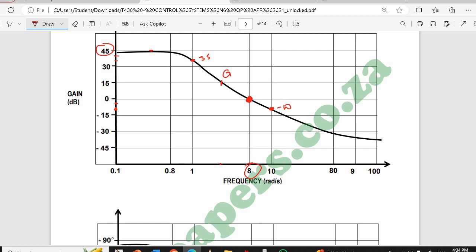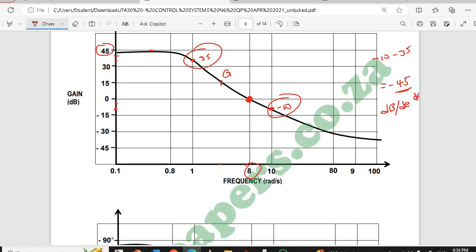Remember slope is the second point minus the first point, so it will be minus 10 minus 35, which is minus 45. When it's negative like this, it shows your slope is decreasing. So when you answer, you say negative 45 per decade.